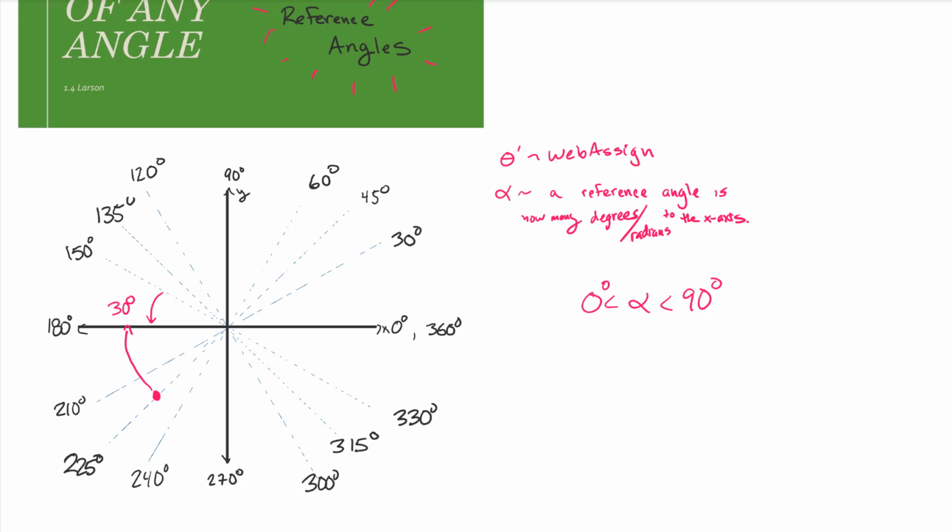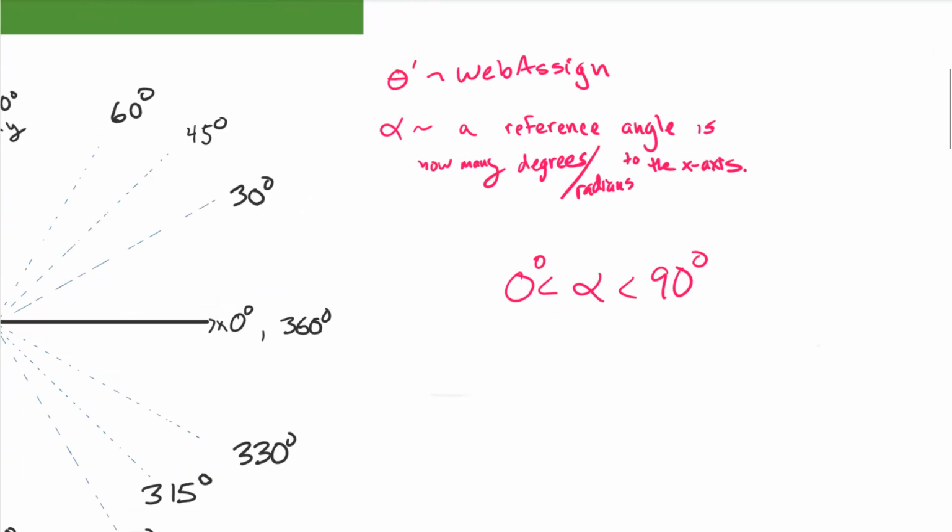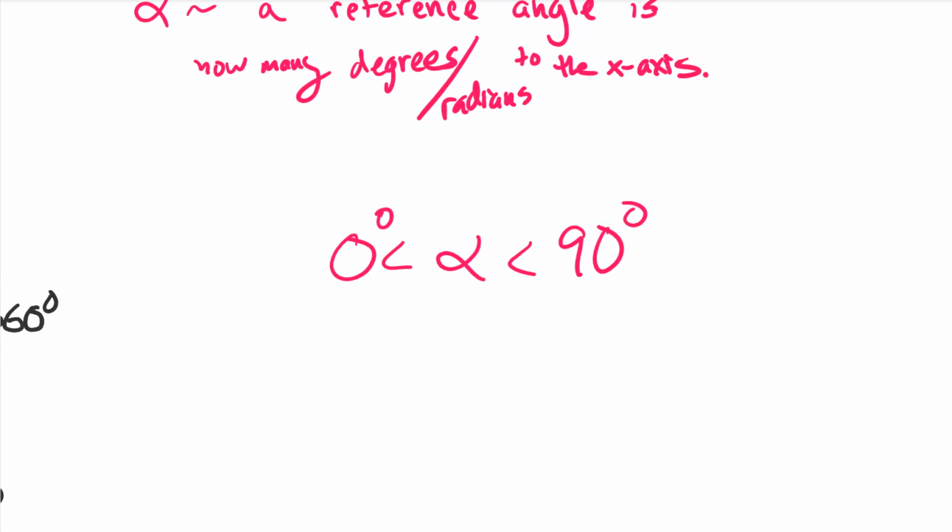This is the way that I teach it, and the way I'm going to keep my little alpha in the game we're going to play. I want to throw the equal sign in there, because actually the definition of the reference angle needs to be acute, and acute is less than 90 degrees. But for our intents and purposes, I'm just going to keep it with the equal sign.